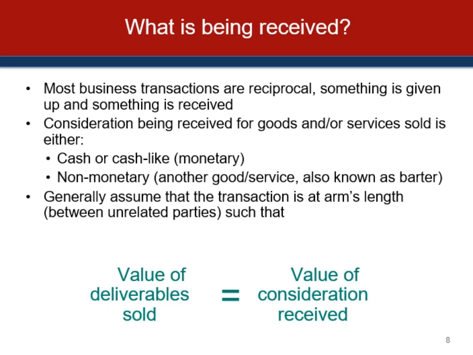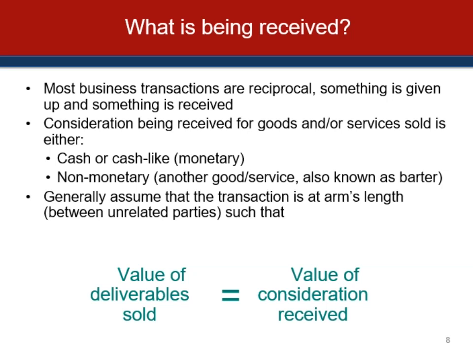In terms of what is being received, the idea here is business transactions are an exchange of one thing for another, and so the journal entry process, the double entry bookkeeping system, really depends heavily on that idea. So you're giving up something in order to get something else. So usually there's an obvious exchange of goods or services for one another.